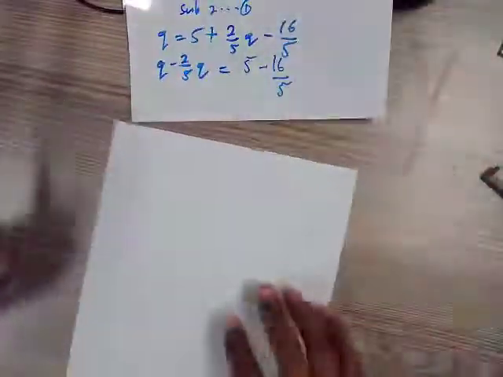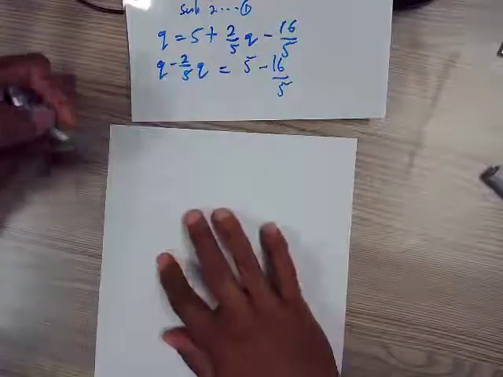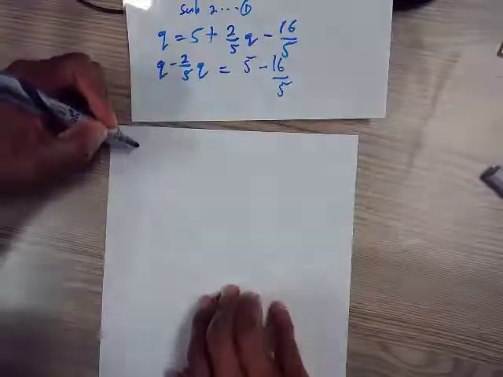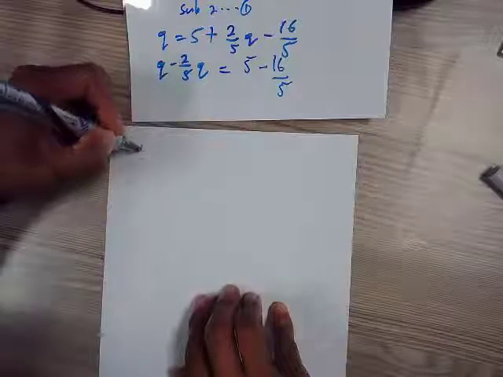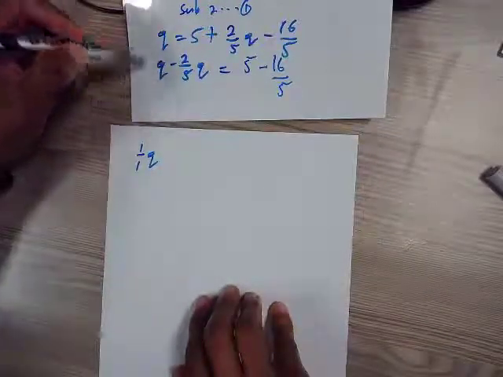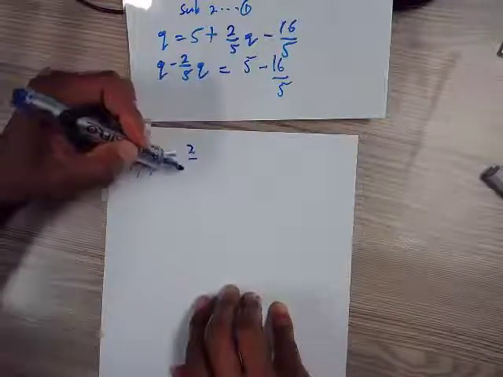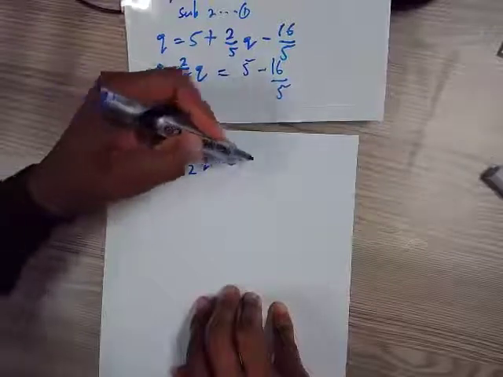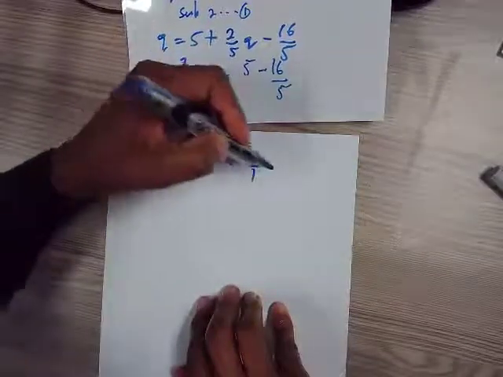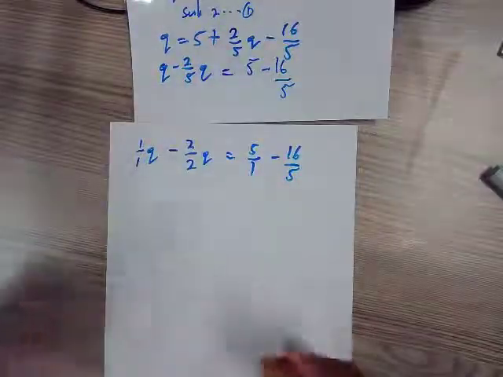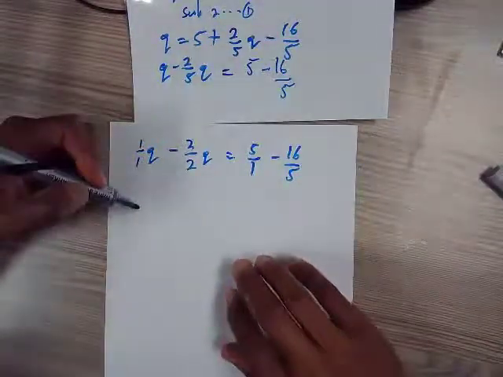Make sure I put it there so you can see. Continuing, 1 over 1q, which is any number divided by 1 is that number, minus 2 over 5q equals 5 over 1 minus 16 over 5. This is a long route, but you get to the same answer.